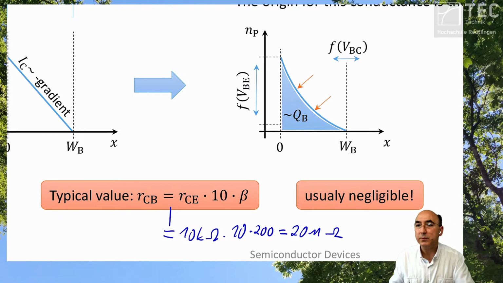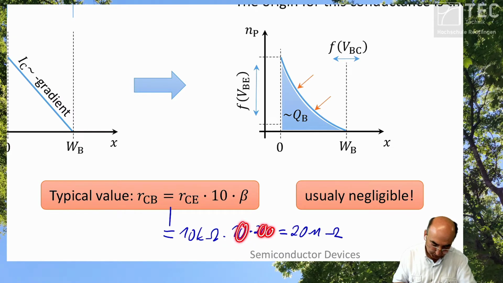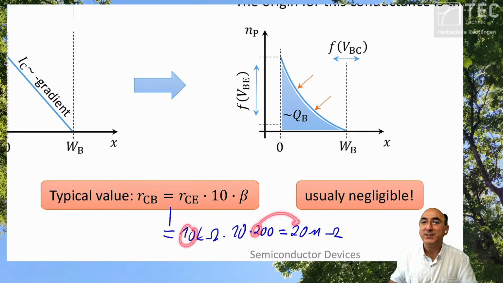Is it true? Looks reasonable. Yep, exactly. So 1, 2, 3, it's kilo. Kilo, it's mega. And 10 times 2 is 20. Yeah, it's true. So it's 20 mega.